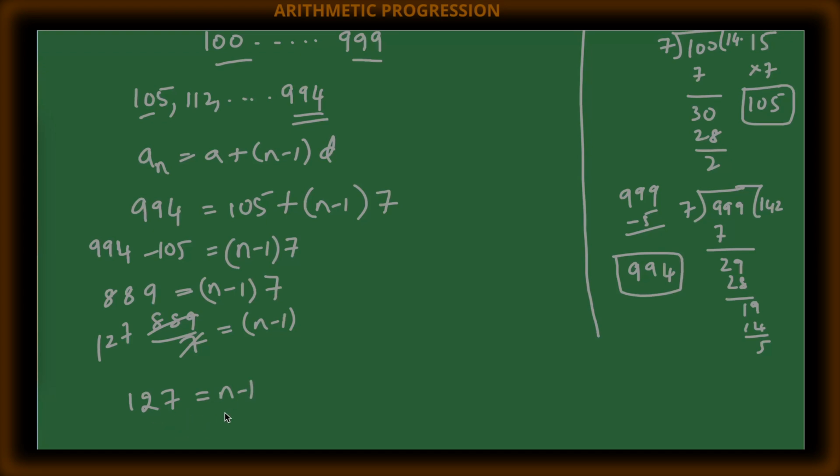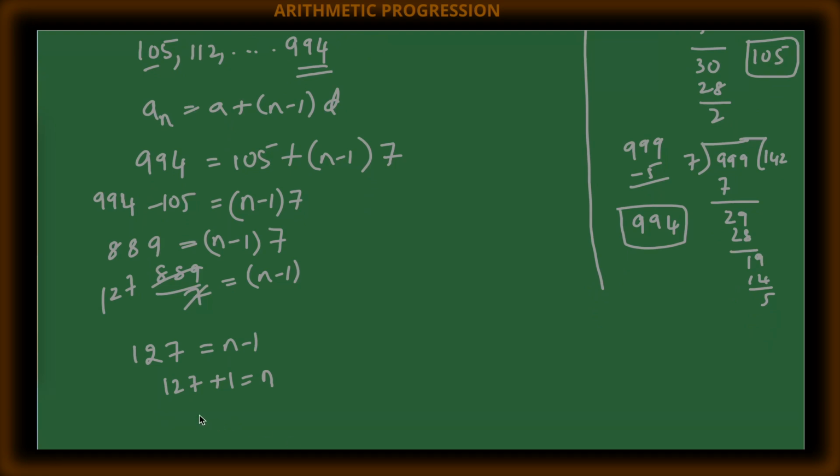Bringing this minus 1 across, 127 plus 1 is equal to n. So n is equal to 127 plus 1, which is 128. So we have 128 terms in this particular progression.